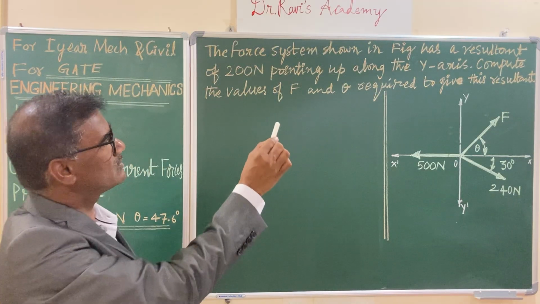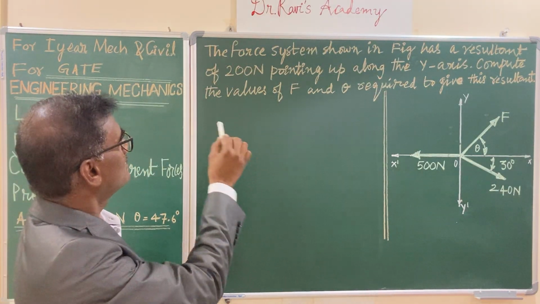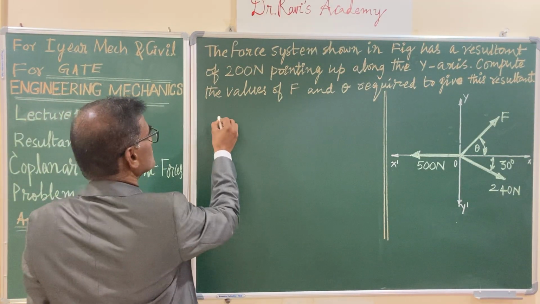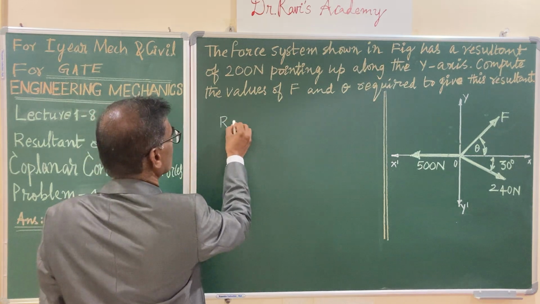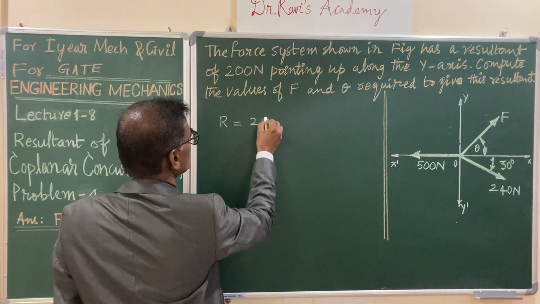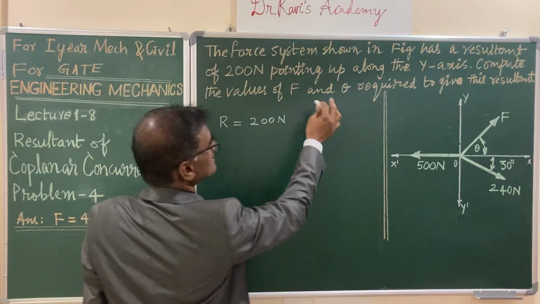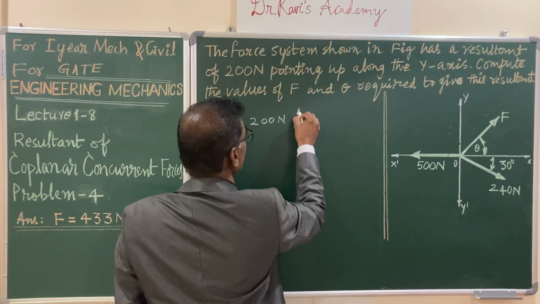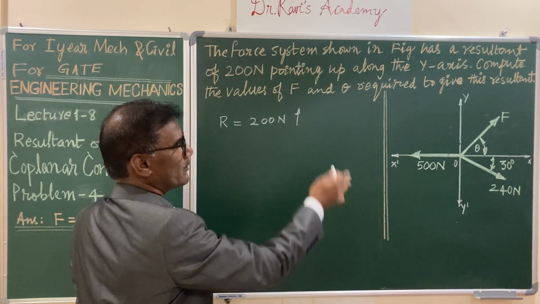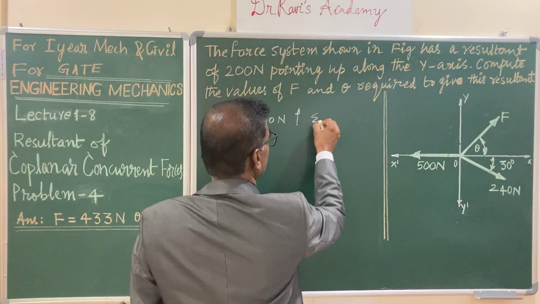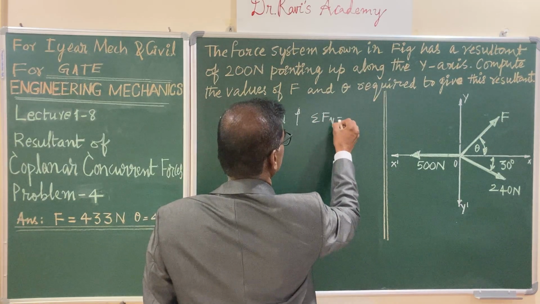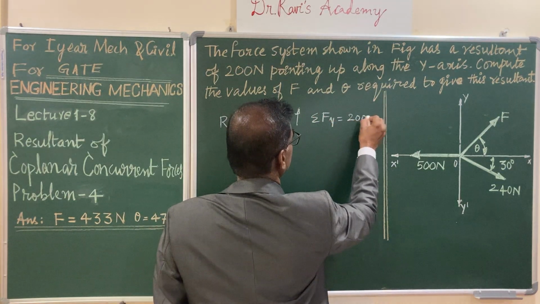The force system shown in the figure has a resultant of 200 newtons. So the resultant R is given, it is 200 newtons, and it is pointing upwards. When it is pointing upwards, it means sigma Fy is 200 newtons.